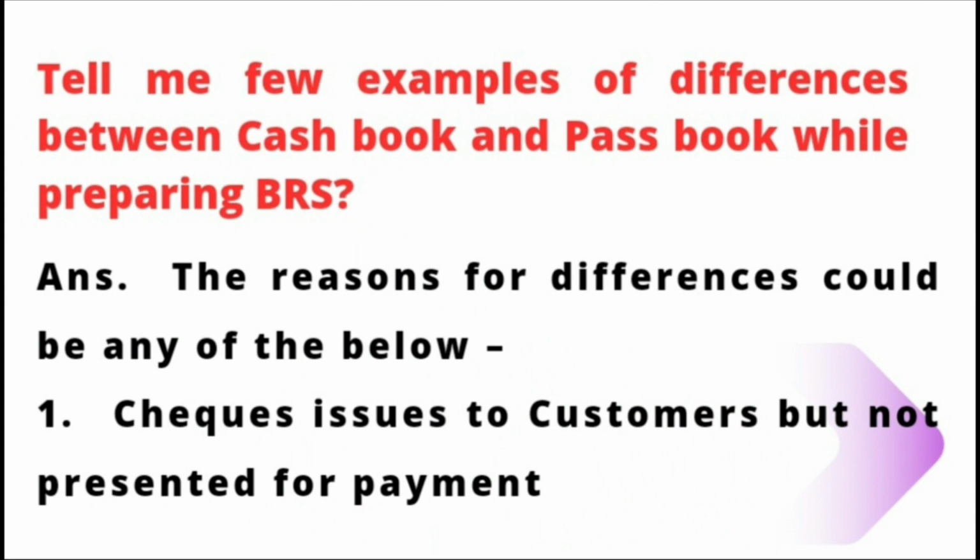Tell me few examples of differences between cash book and passbook while preparing bank reconciliation statement. The reasons for differences in bank reconciliation statement could be any of the below. Checks issued to customers but not presented for the payment.